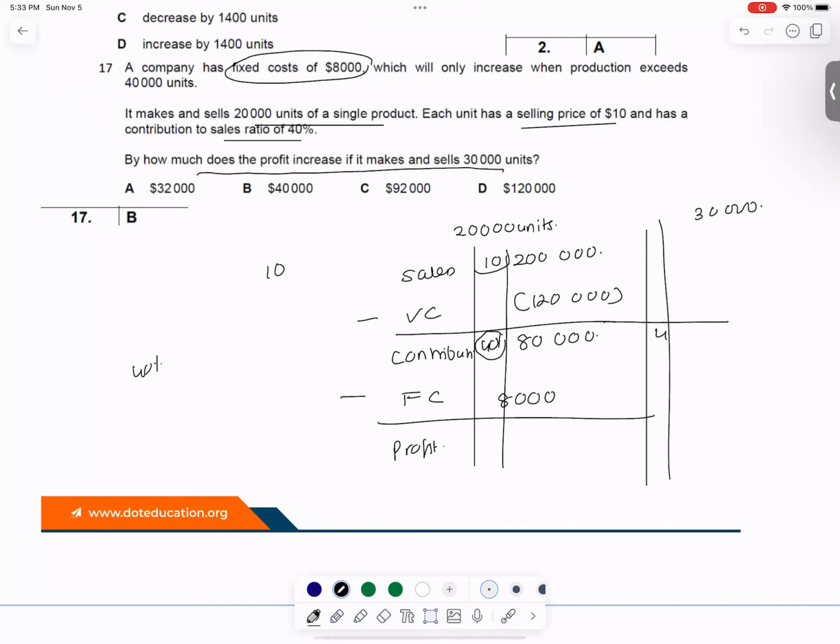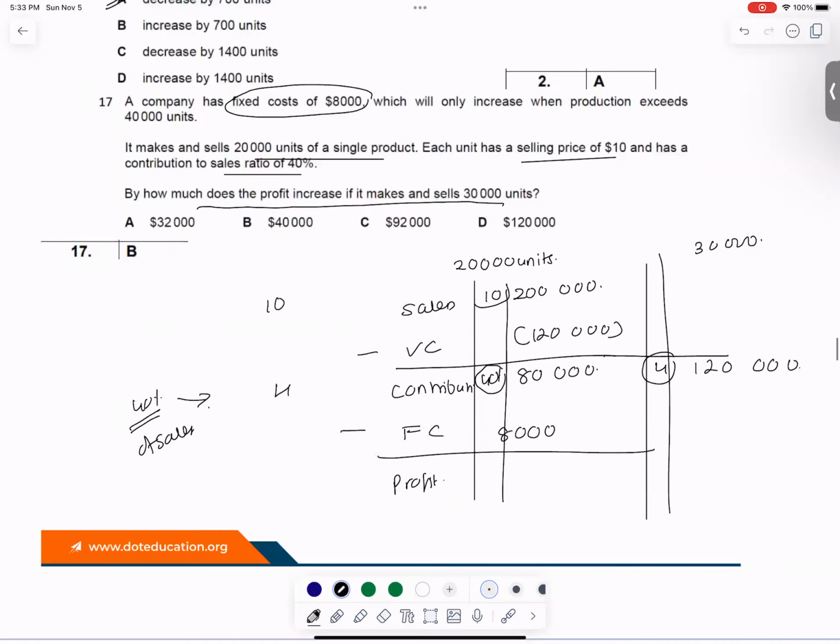Contribution per unit is 40% of sales. If sales was 10, the contribution per unit is 4. The total contribution would be 30,000 into 4, which is 120,000.